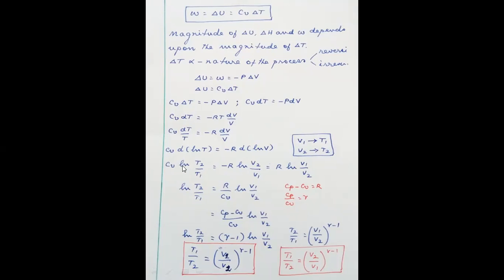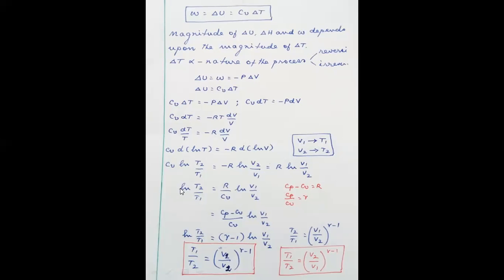So Cv ln T2 by T1 is equal to minus R ln V2 by V1, which is equal to, that minus is taken off by changing the numerator into denominator and the denominator into numerator. So it is equal to R ln V1 by V2.